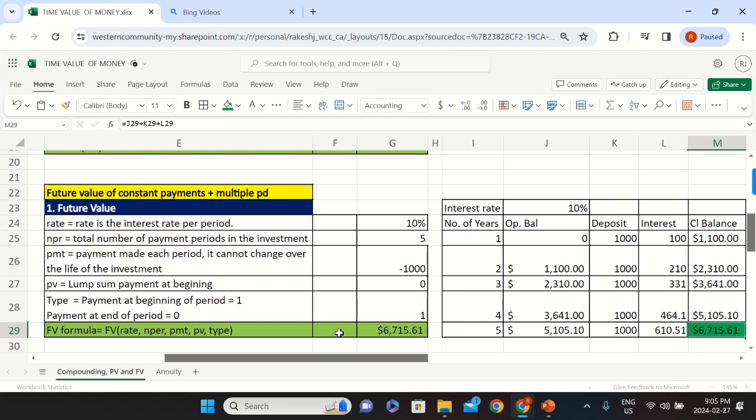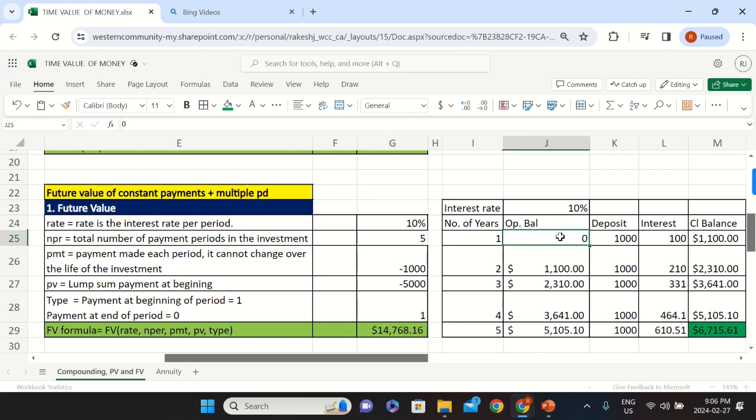Okay, so now sometimes we say we have enough money, let's say $5000, that we can invest at the beginning of the period. If I enter $5000 here and press enter, so now in this case, the 5000 should be in minus because we are making a payment. So in the future we will receive $14,768.16.